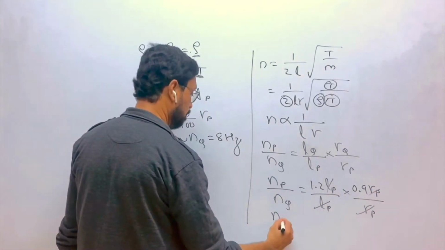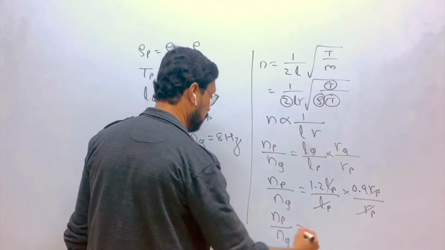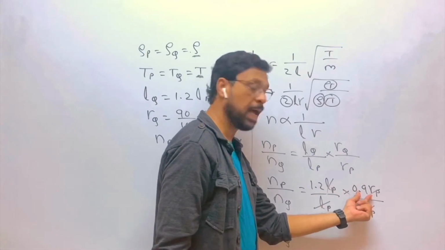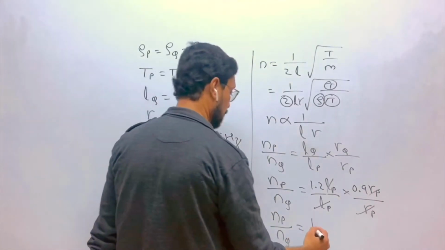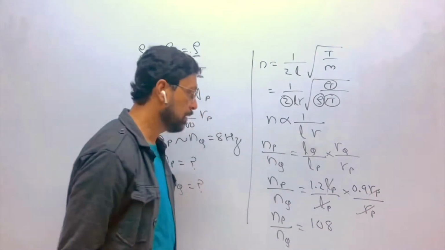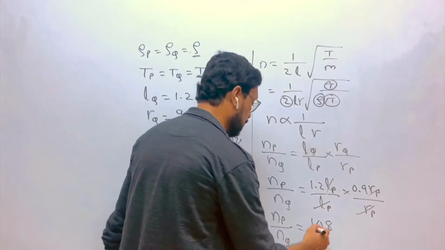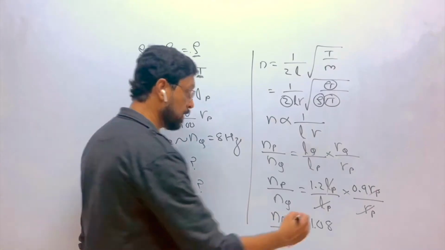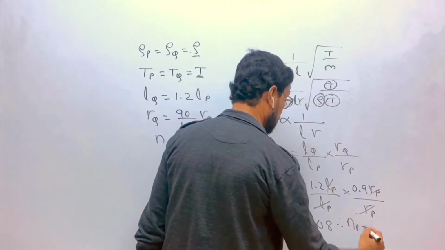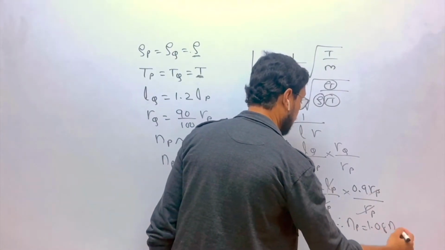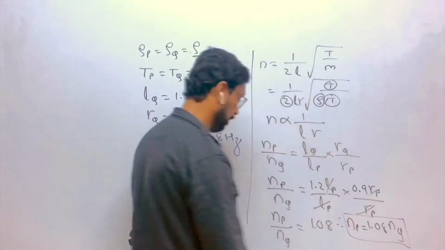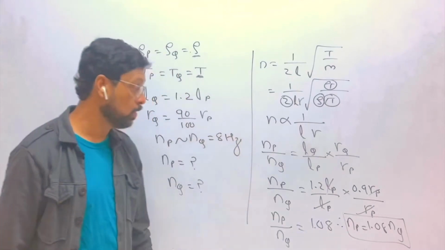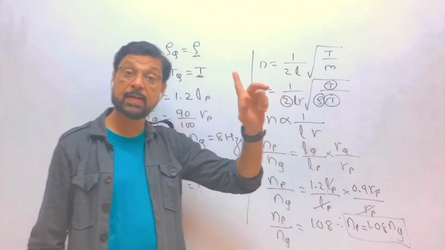So NP upon NQ is equal to 12 nines are 108, decimal after 2 digits. So NP upon NQ is 1.08, or you can say NP is 1.08 times NQ. NP is 1.08 times NQ, means NP is greater than NQ.